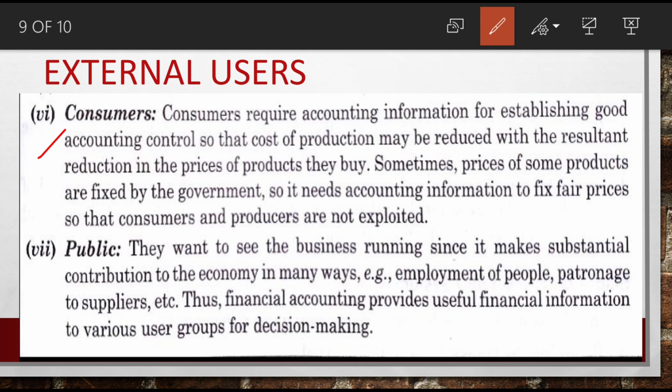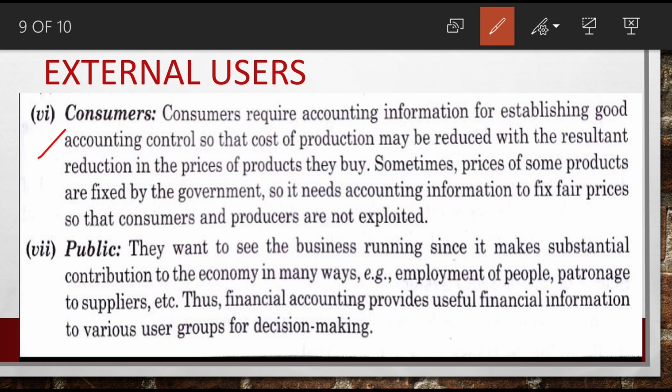Consumers require accounting information for establishing good accounting control, so that the cost of production may be reduced with the resultant reduction of the price of products they buy. Sometimes the price of some products is fixed by the government, so it needs accounting information to fix fair prices, so that consumers and producers are not exploited.